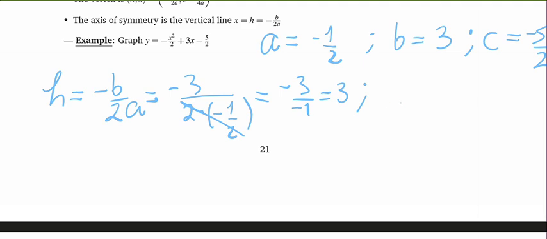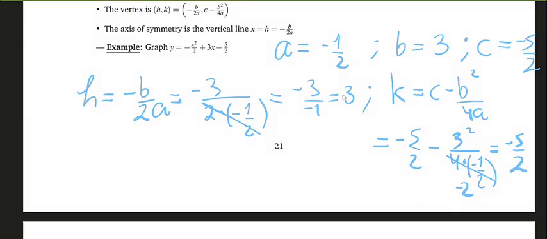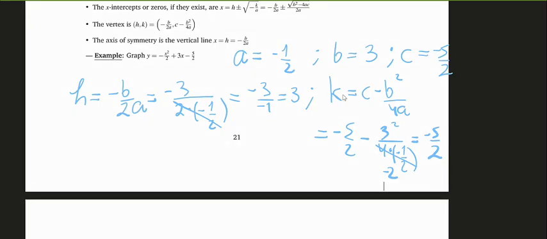And your k is going to be equal to c minus b squared over 4a. So that's going to be -5/2 minus b squared, so -3 squared, divided by 4a, 4 times -1/2. Now, in this case, what we have is -5/2 minus, this one is -2, so negative 9/2.